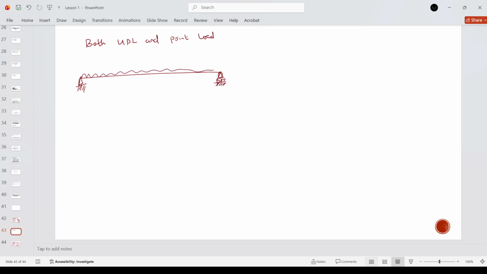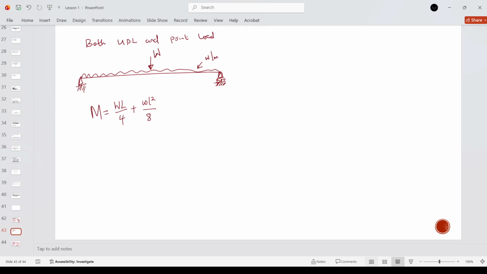Okay, we have a UDL and a point load. So this is a point load W and this is W per meter. So the design moment M will be equal to WL over 4 plus WL squared over 8.